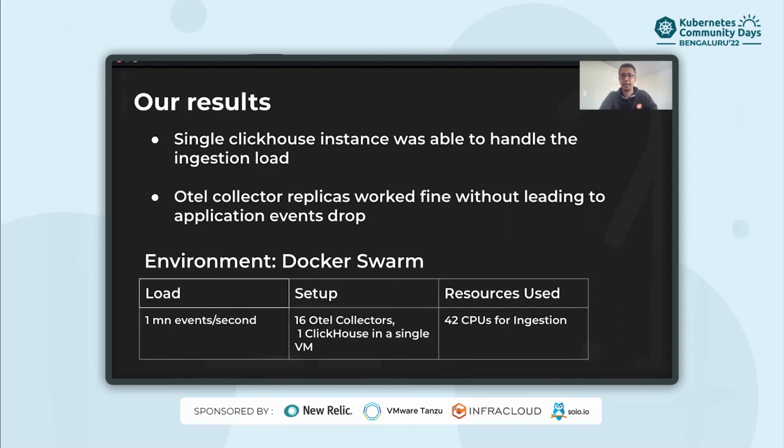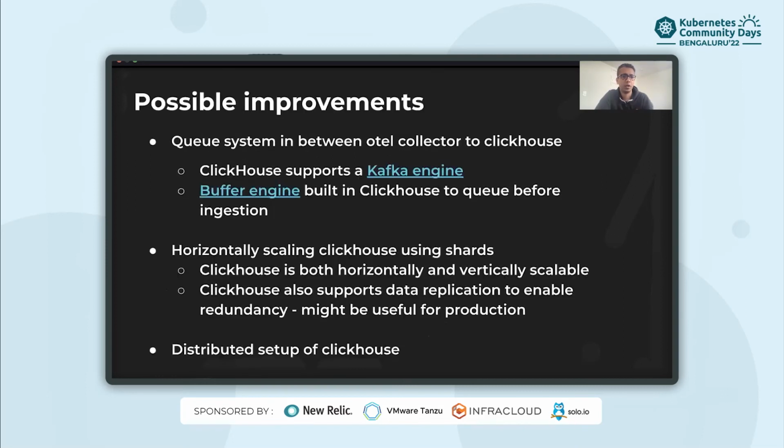This was really surprising for us, that a single vanilla OpenTelemetry Collector installation with a single ClickHouse instance worked for handling 1 million events per second. This gives a lot of confidence on how much OpenTelemetry can scale, and also how ClickHouse is a good database for this.